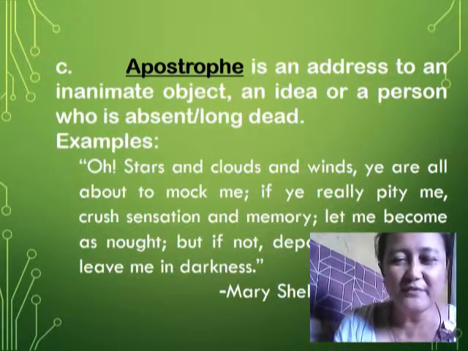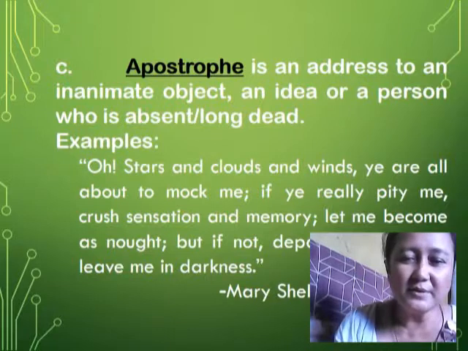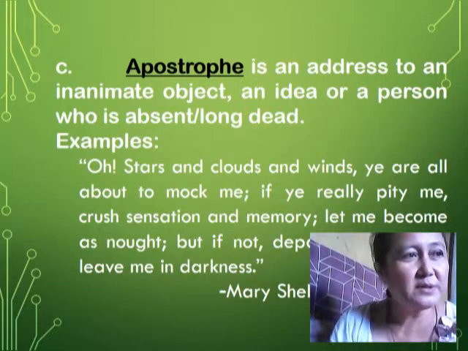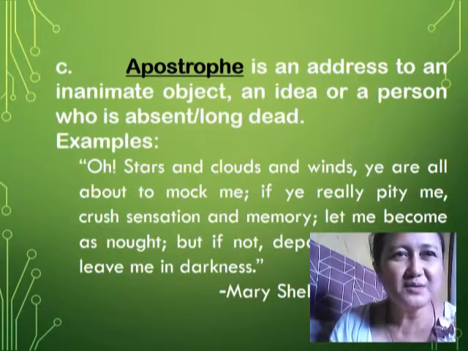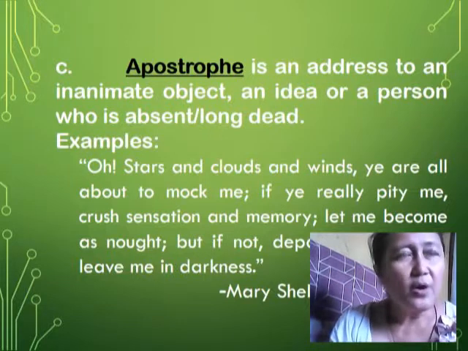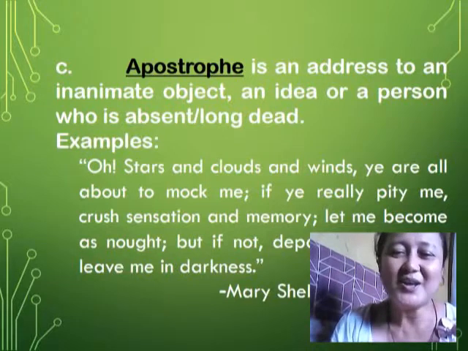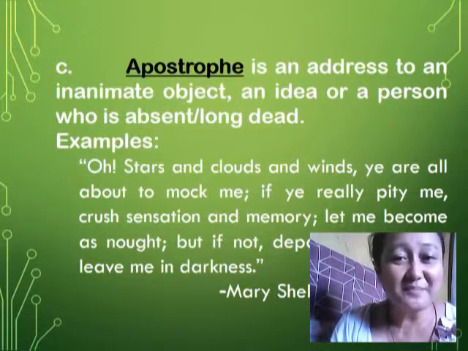I also have a poem about this one. I did not compose this poem, but I had read about this poem when I was in elementary. I do not know the title, but it was also an apostrophe, addressing the clouds. Oh, you pretty white clouds up there in the sky, why don't you sail along and pass me by?